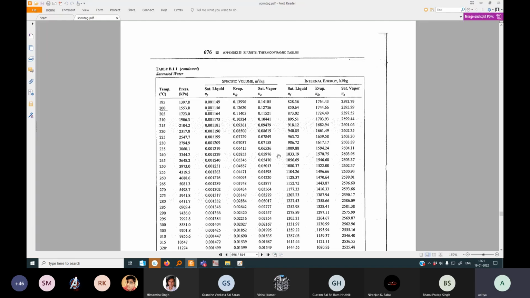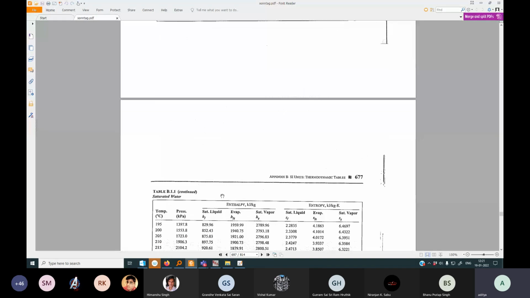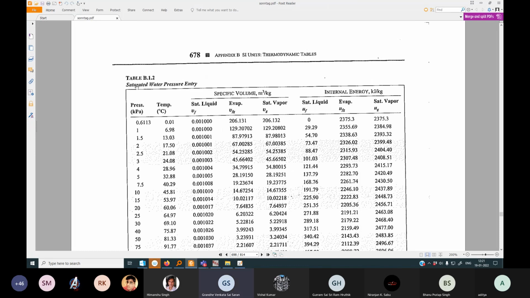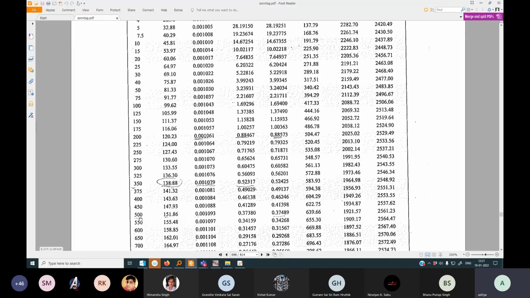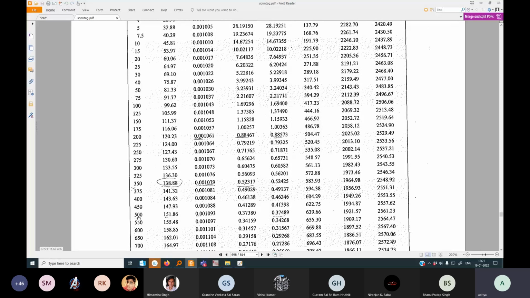In the saturated water table, I will not look into the temperature entries, but rather the saturated water pressure entry. Is this visible to everyone? Yes, sir. I will go to 500 kilopascal in this pressure table. So at 500 kilopascal, the temperature is 151.86.